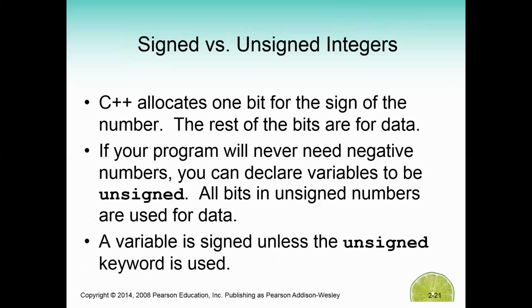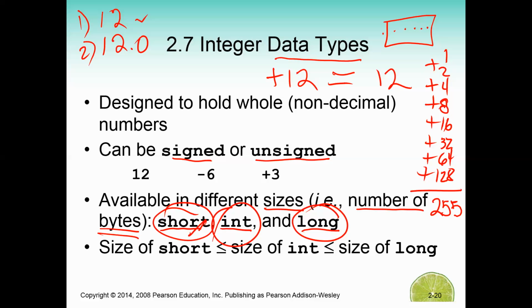Questions about ints? So how many different types of ints do we have? Okay, 6 with sign and unsigned, right? Short signed, short unsigned. Int signed, int unsigned. Long signed, and long unsigned.